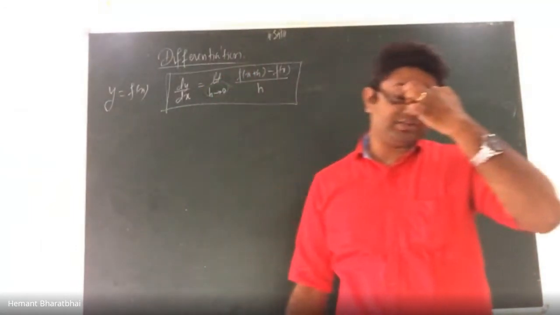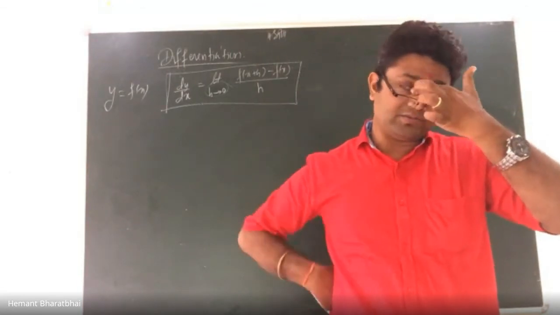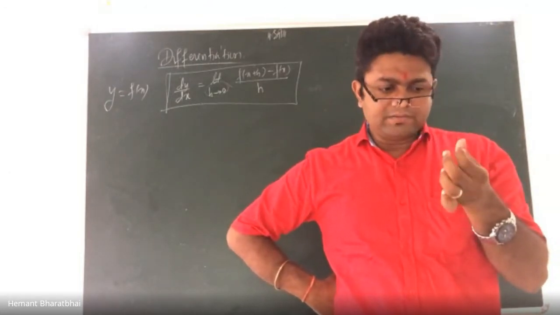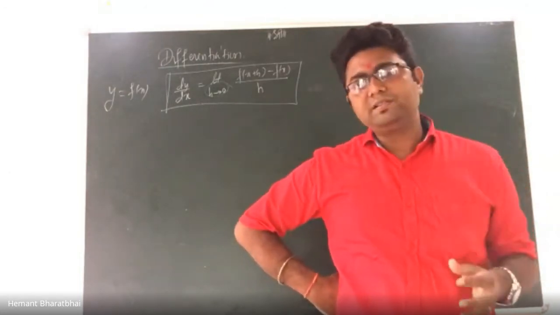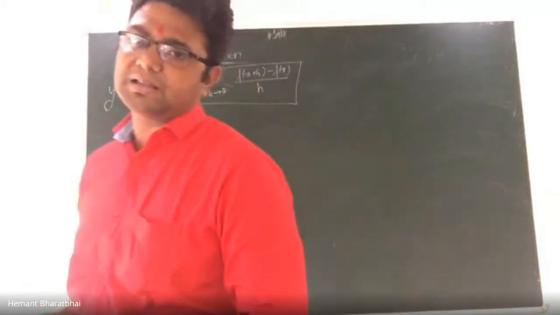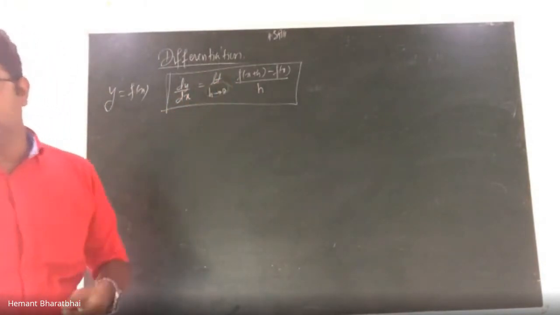When I am saying h tends to 0 or h tends to a or h tends to b, whatever value I am putting over there, when I say tends to, it means it is not exactly that, but it is very near to that. So how do you express smaller quantities in mathematics? Always by using the limit symbol.